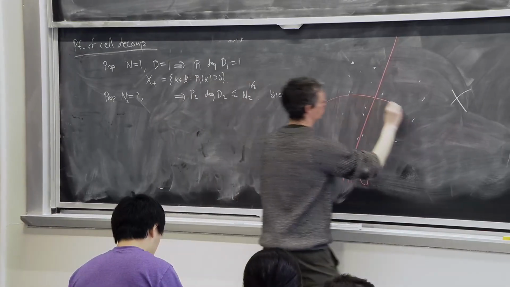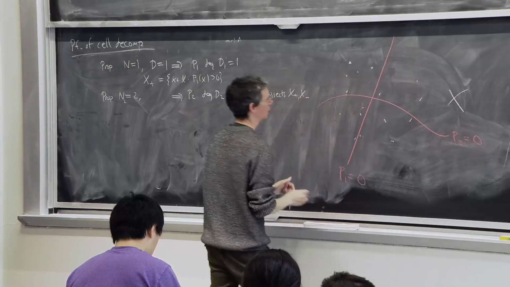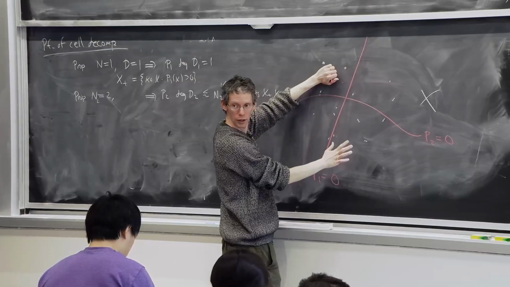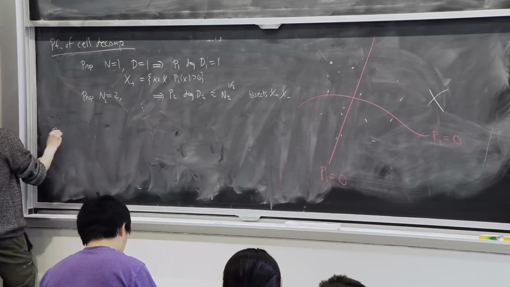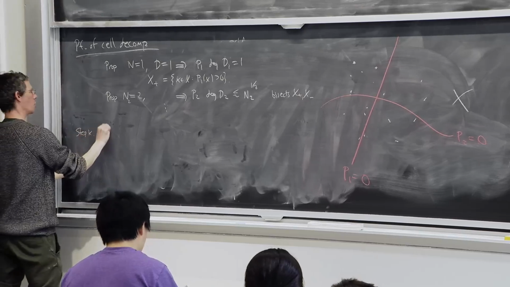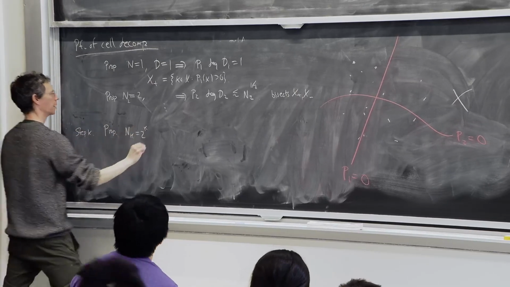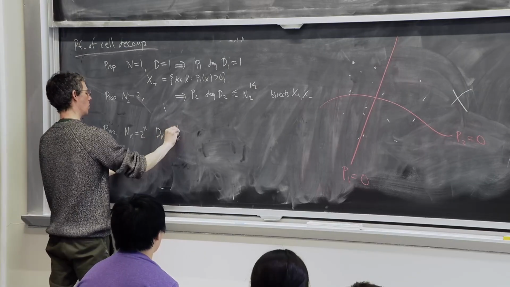So here's the 0 set of p2. And it bisects each half. So now I've divided x into quarters. OK. And we keep going. So at step k, I use my proposition. And I have nk, which is 2 to the k, and dk, which is less than nk to the 1/2.